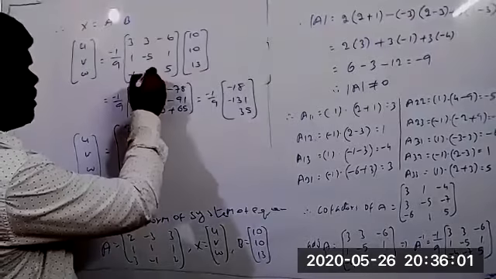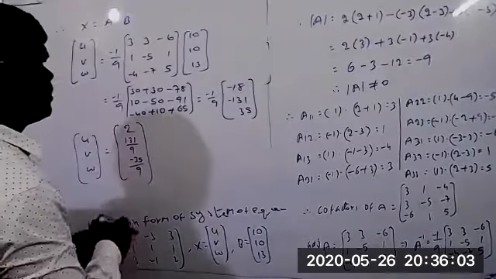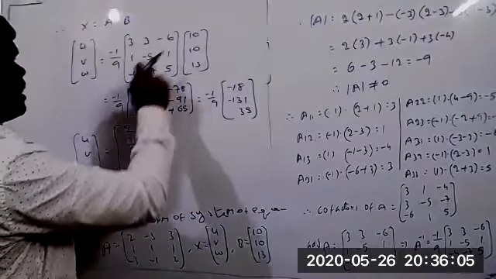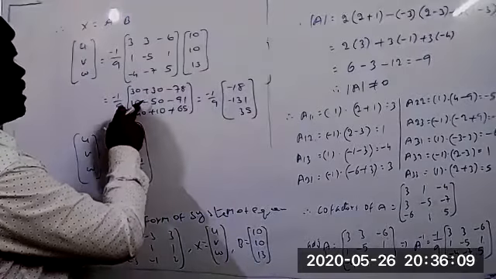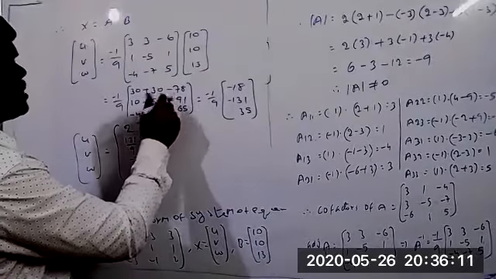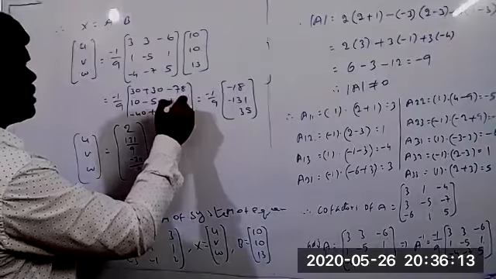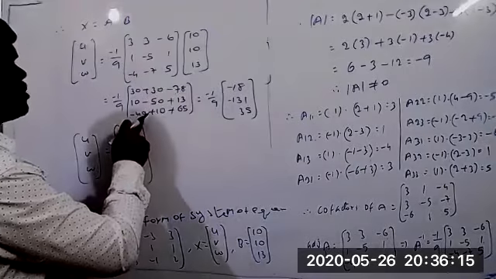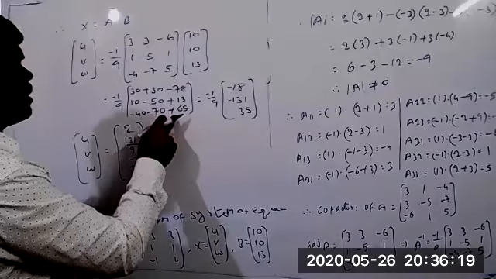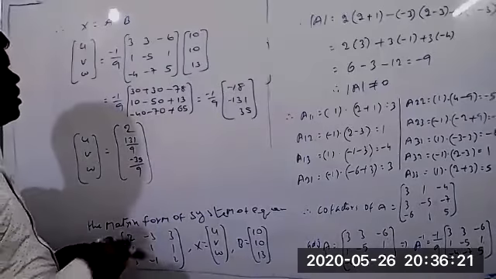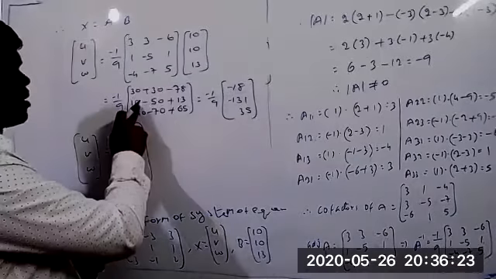Minus 4 minus 7 and 5 into 10. So 3, 30, 30 minus 78. Find that. 10 minus 50 plus 30. Next, minus 40 minus 70 plus 65. So this is the minus 18, correct only.